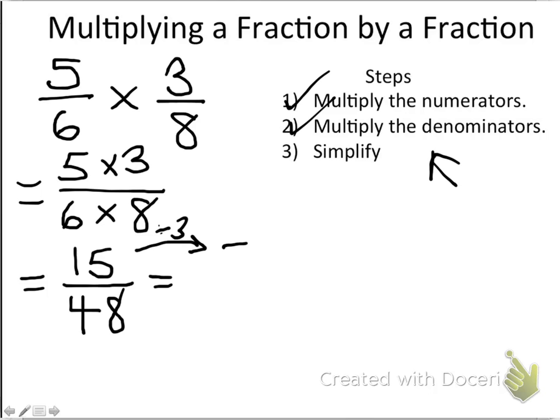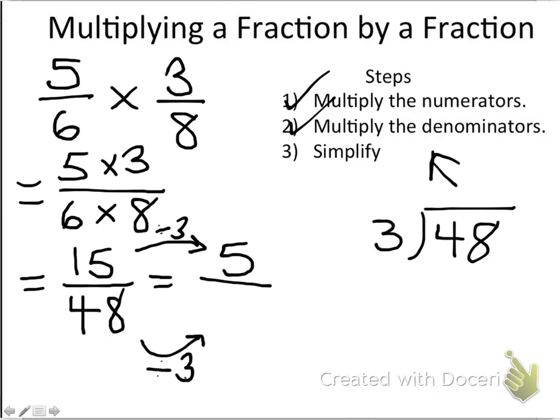15 divided by 3 gives 5, and 48 divided by 3 is a little bit harder, so I'm going to do long division over here. Take 48 divided by 3. 3 goes into 4 once, 1 times 3 is 3. Subtract, 4 minus 3 gives 1, I bring down the 8. 6 times 3 gives 18.